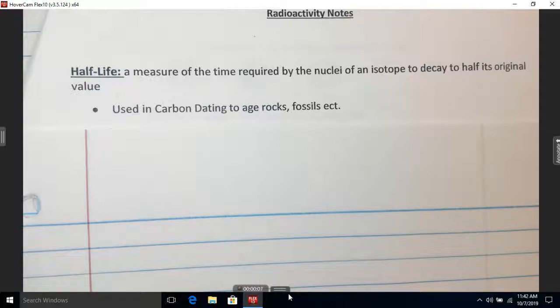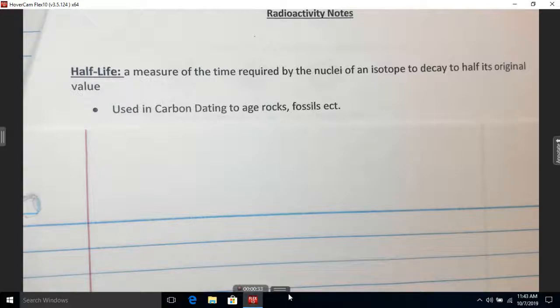So we're going to learn to calculate half-lives. And what does that actually mean when they talk about a half-life? The amount of time it takes for half of it to decay. Yes. And this would be the process that they use in dating things.